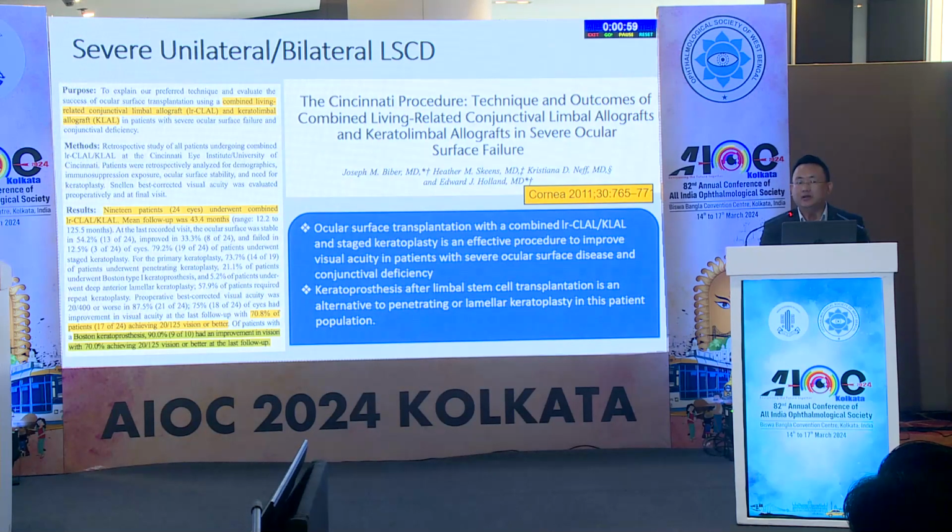Keratoprosthesis has also shown a very good result after this procedure. So ocular transplant with combined living-related CLAL and keratolimbal allograft and staged keratoplasty has been an effective procedure to improve visual acuity in these patients, and keratoprosthesis also shows a promising result.